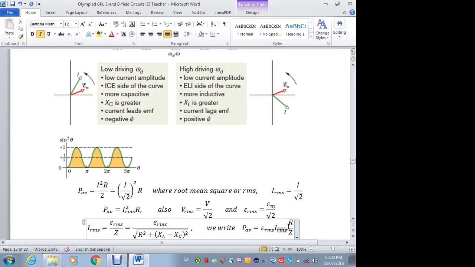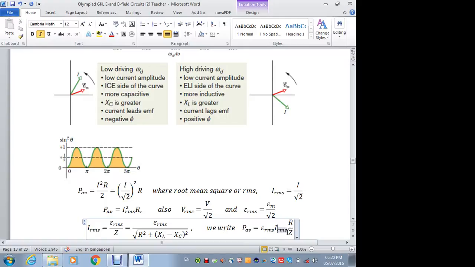So if you were to write the I root mean square in terms of E root mean square over Z, in the non-resonance case, you have E root mean square over Z, where Z is the impedance. Then we can also write P average equals E root mean square, I root mean square, R over Z. So there's a factor R over Z. I think this one is called the power factor.